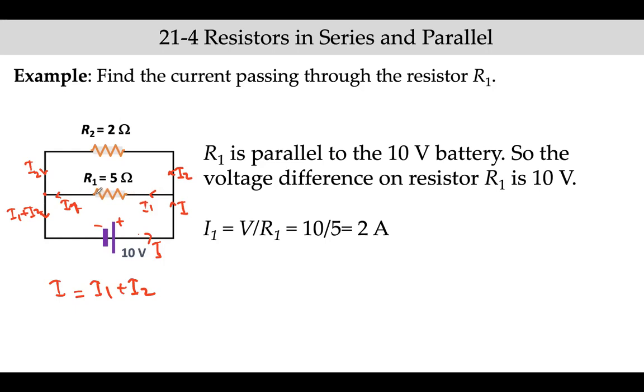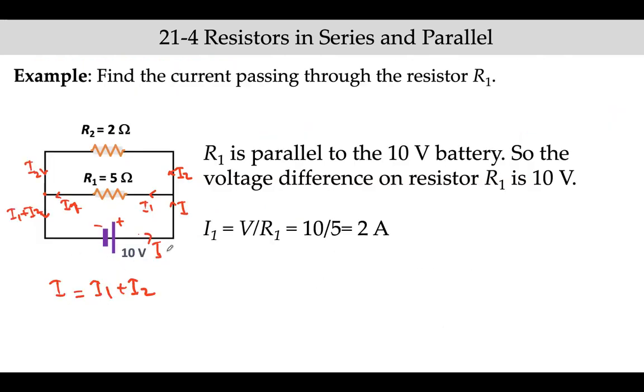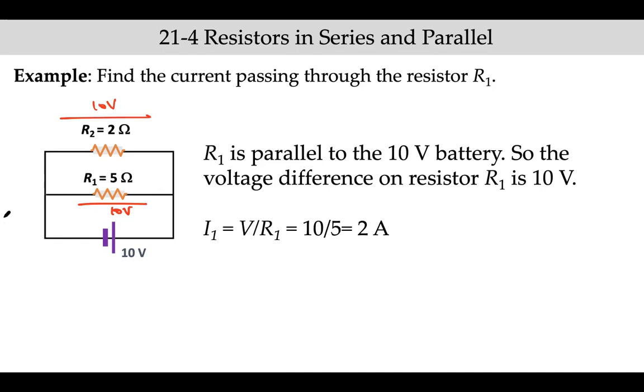Now, if you want to calculate the current here, you don't have to find I actually. You can do that by calculating the equivalent resistance, but you don't have to, because what we are going to use is the second observation here. The voltage is the same on all parallel circuit elements. So if we have 10 volts here, then we also have 10 volts here, and also 10 volts here.